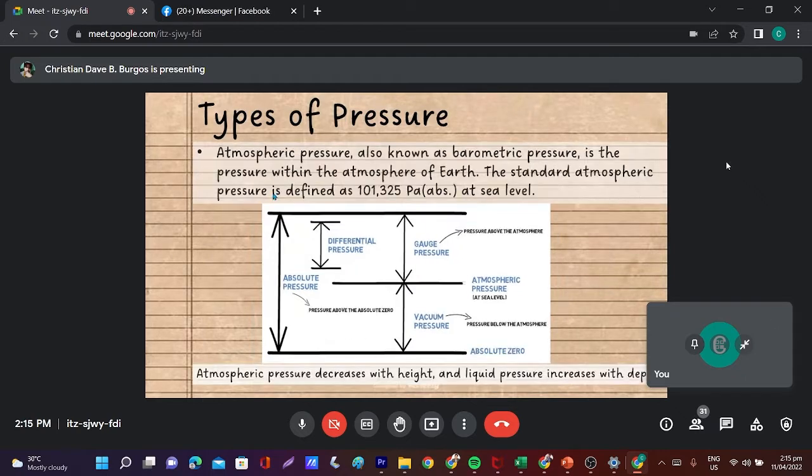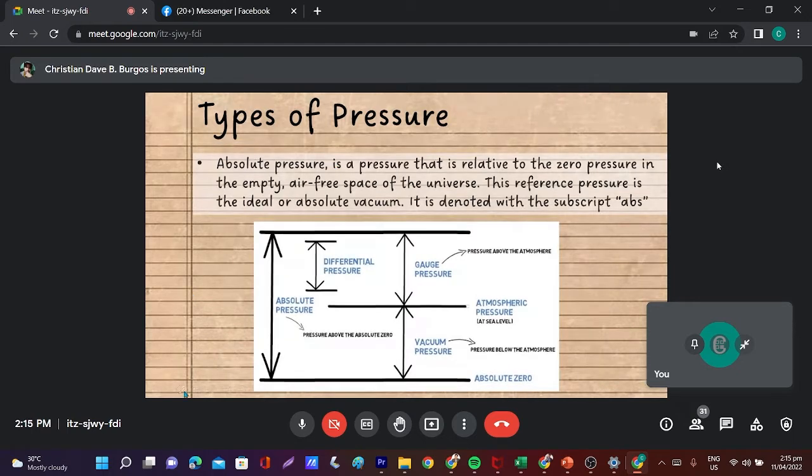It says in the definition that absolute pressure refers to a reading that starts from absolute zero, zero pressure, up to an arbitrary given pressure.